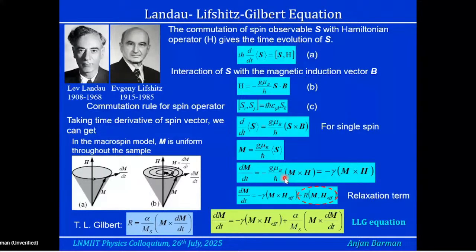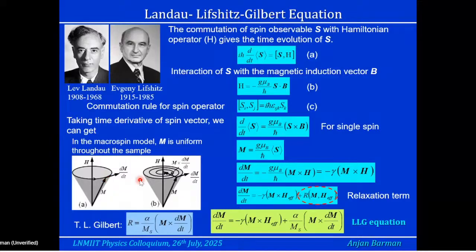Now I will come to the precession of magnetization. I have told you that if you have a magnetization in a magnetic field, there is a torque, and due to that torque it precesses in a cone around the field. So dM/dt, the rate of change of magnetization with time, is given by this precessional torque. But it cannot go on forever, because energy has to relax, since the spins are coupled with the lattice and other degrees of freedom.